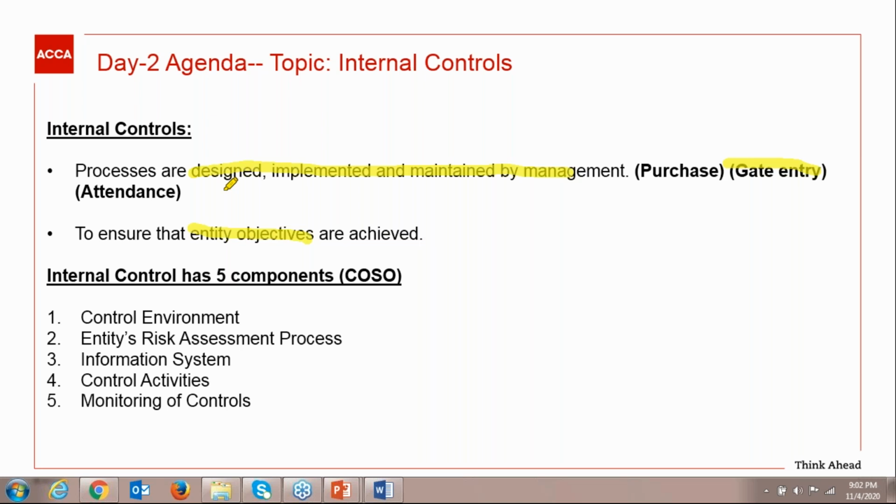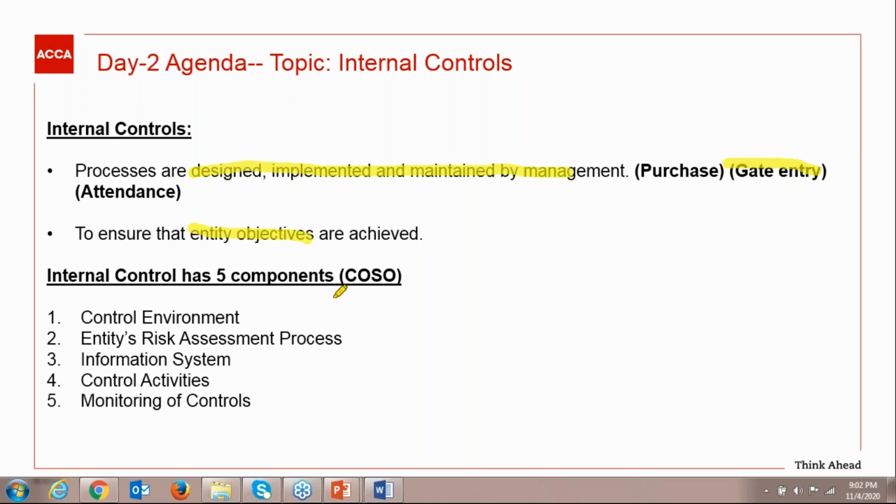Now, come to the second portion. Very good, Barbara. Understood. He mentioned that internal controls equal organization systems and processes. Yes, that's a very right interpretation. Now, internal controls have five components.